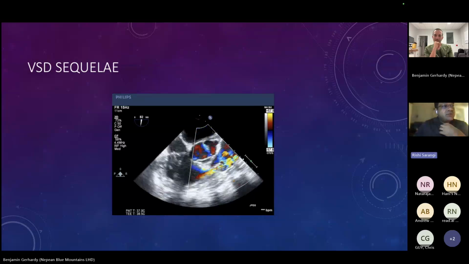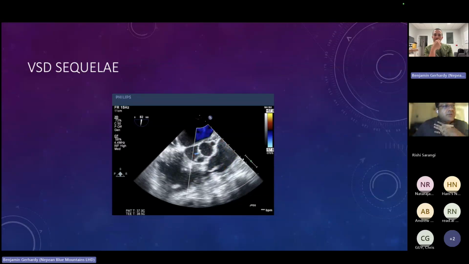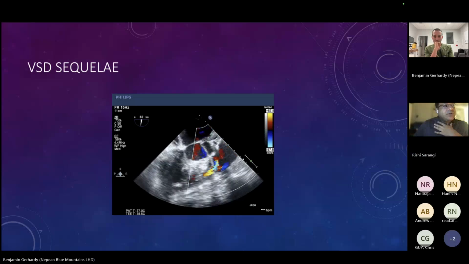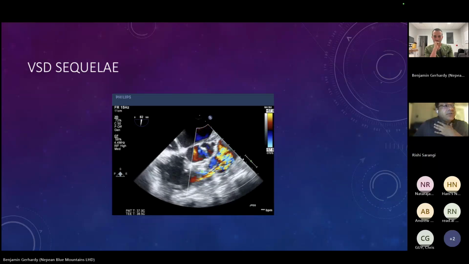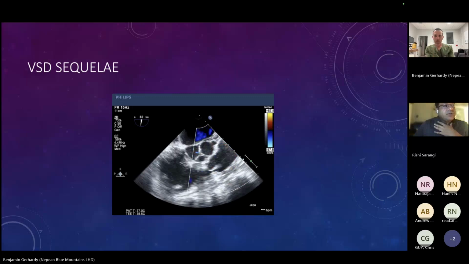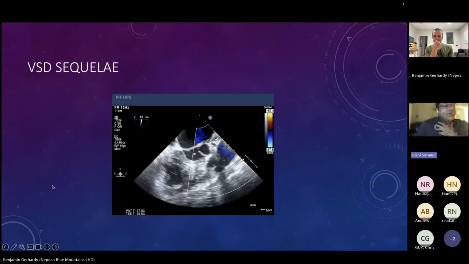Why does the right atrium dilate? Why do you think the right atrium would dilate? I mean, it can't hypertrophy, so it will dilate.